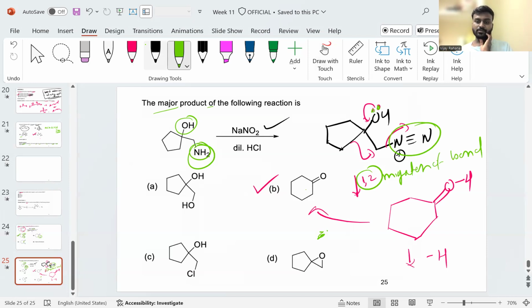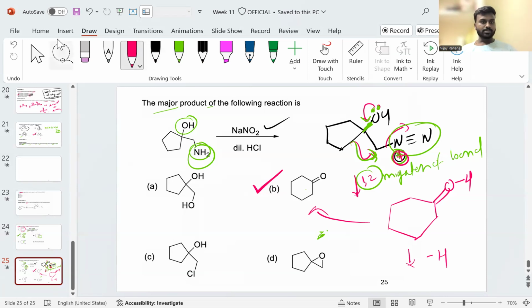This lone pair on oxygen is involved in the double bond formation between carbon and oxygen, and therefore this bond migrates to the second position, which has the good leaving group, the positively charged N triple bond N. So this N2 group is entirely eliminated and the 1,2 migration takes place. So we get option B as the major product.